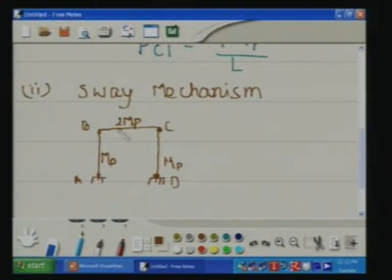So, in this case, suppose we give the rotation theta to the mechanism because of this lateral load PC2, and this vertical load is 3 PC2.